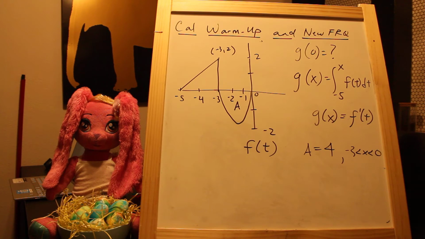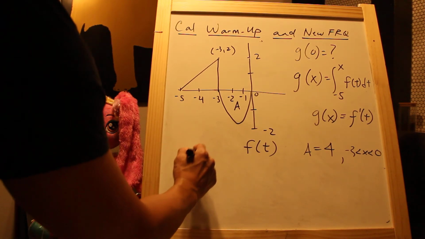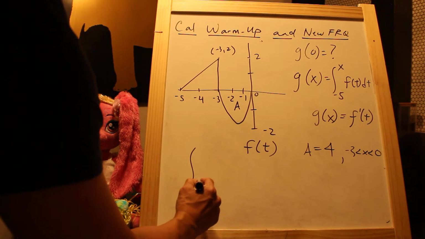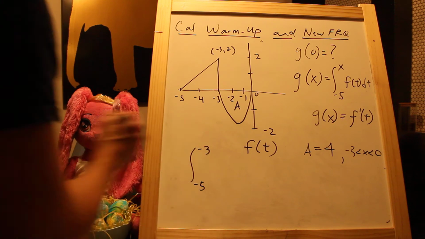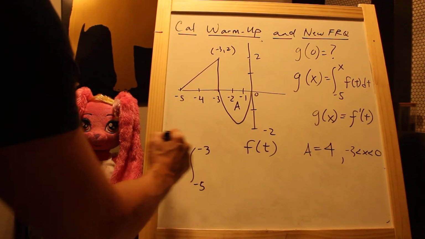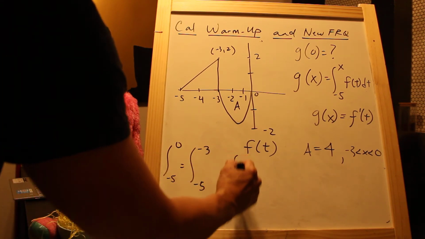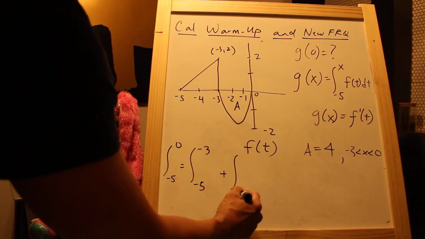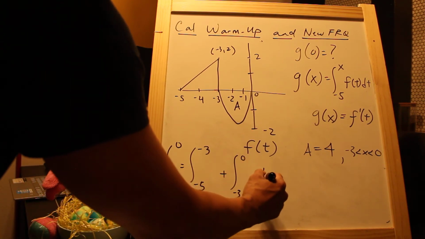And so if A equals 4 in this situation, I'm going to set up my integral from -5 all the way to -3. Okay? So this is what it's supposed to be. The integral of -5 to 0 will be equal to this plus the integral of -3 to 0, and this is all going to say dt at the very end.